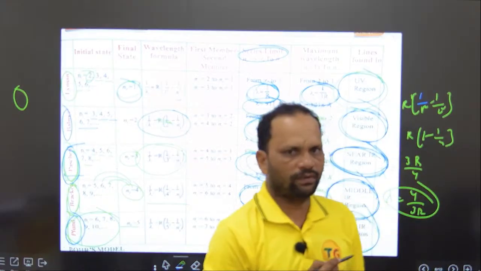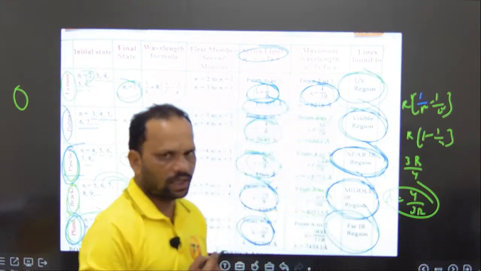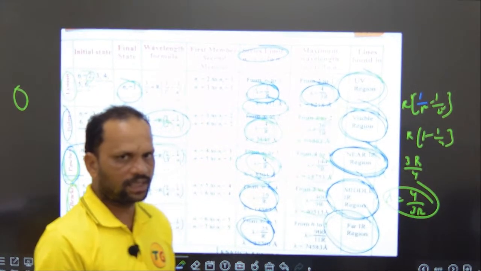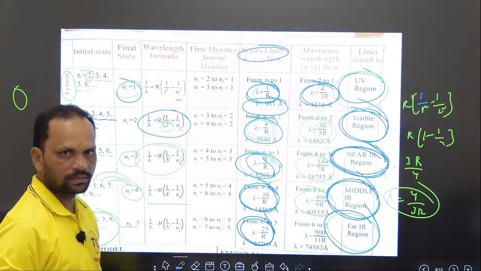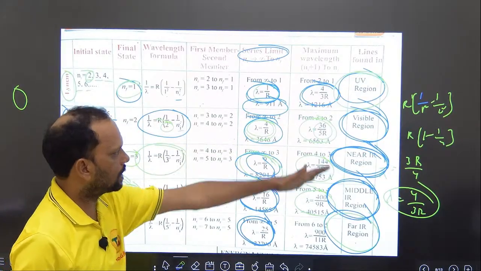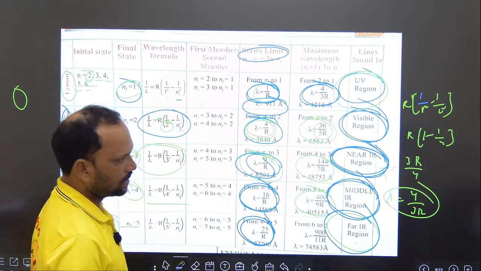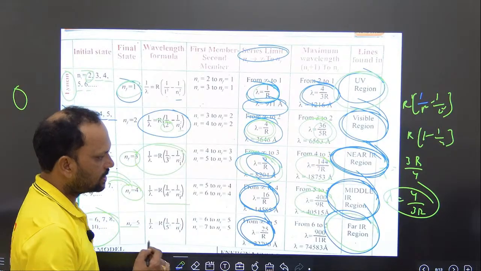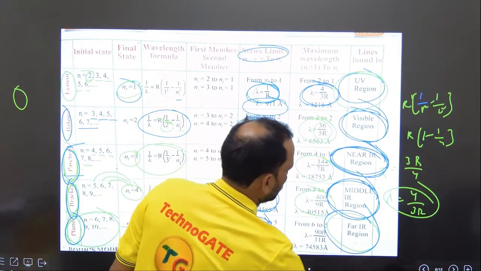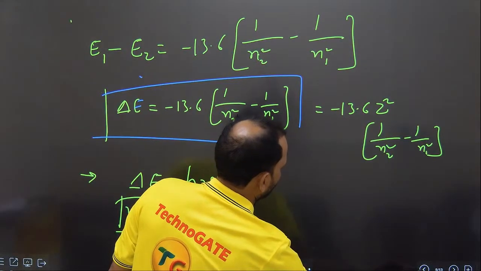For example, what is the ratio of the shortest wavelength in the Lyman series to the longest wavelength in the Brackett series? Like that they can ask. So if you remember this table, then you can easily answer the questions. So this is about the hydrogen spectrum.